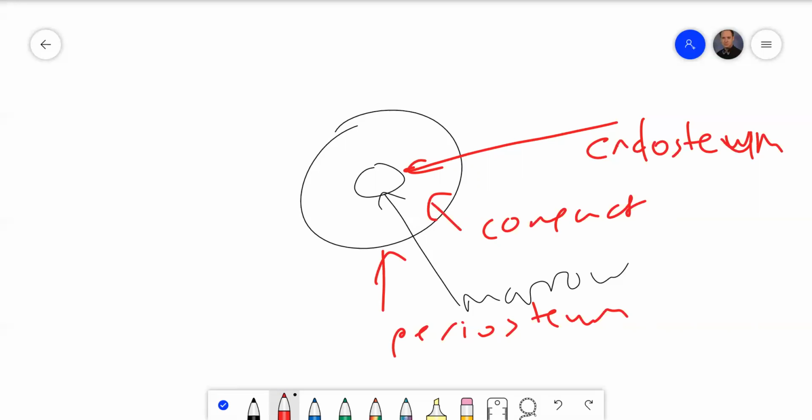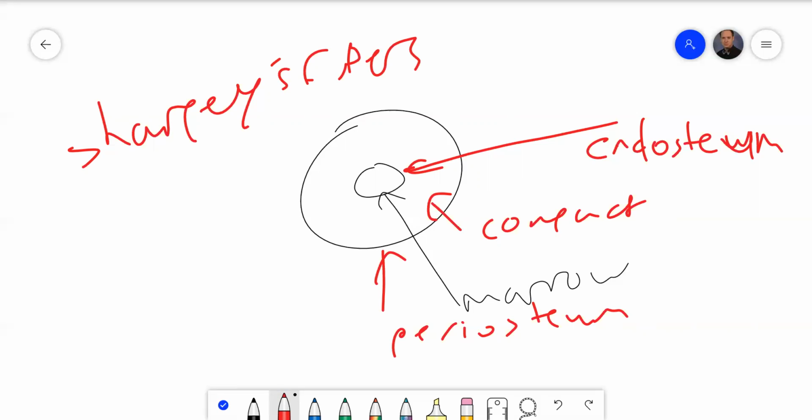Some of the fibers from the periosteum actually will grow through into the bone to secure it there. Those fibers are called Sharpey's fibers. And they actually anchor that periosteum to the bone.